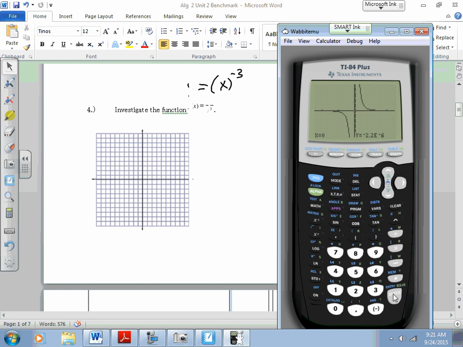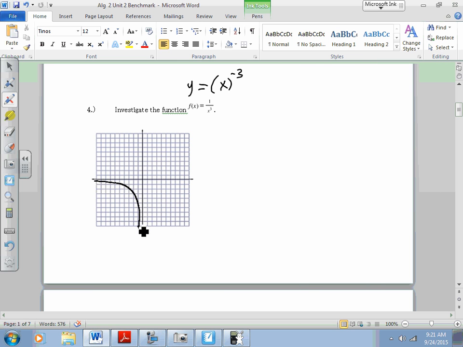All right, does everybody see that the graph goes like this? Everybody agree? Graph goes like that? Now it says investigate the function, so this is an odd degree function with a denominator. It does have points that are errors on the graphing calculator.